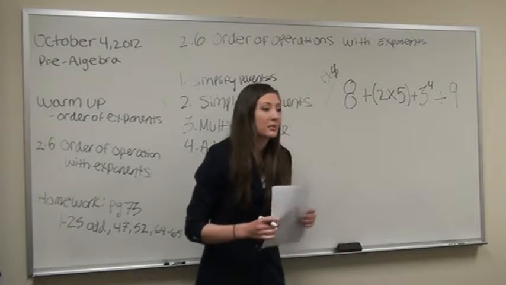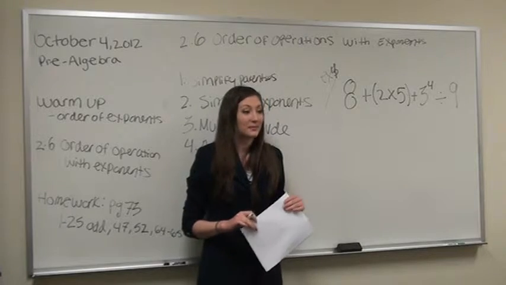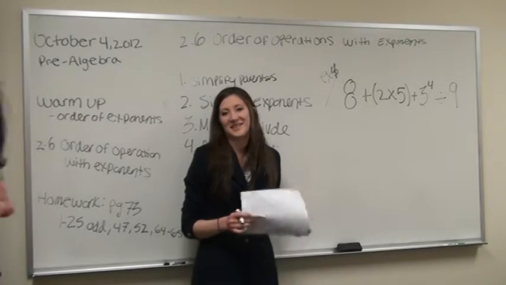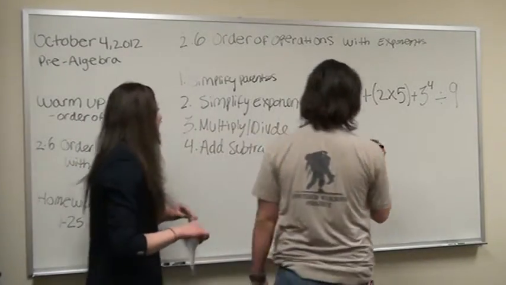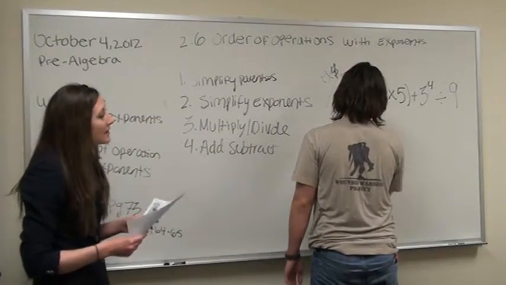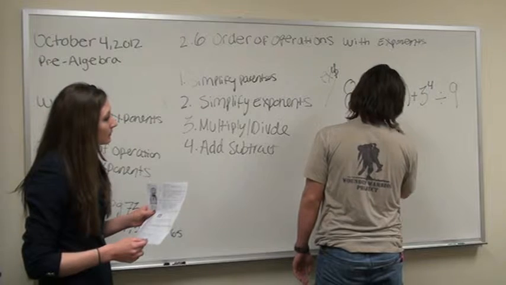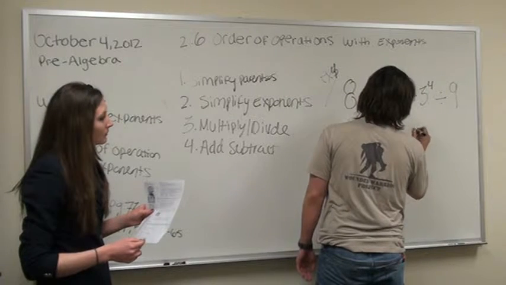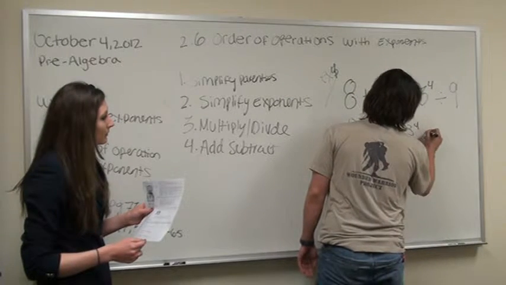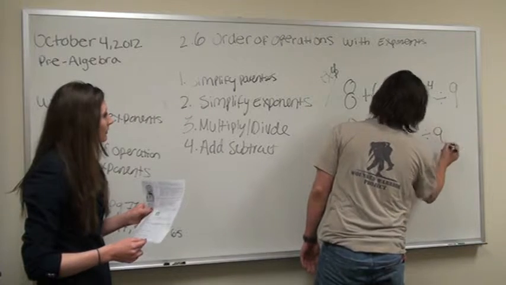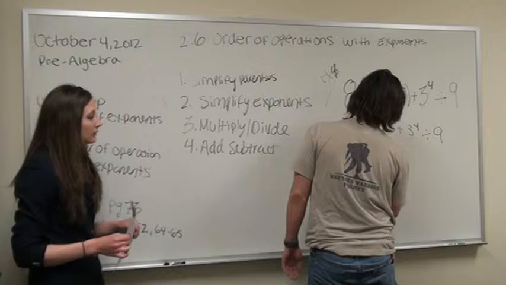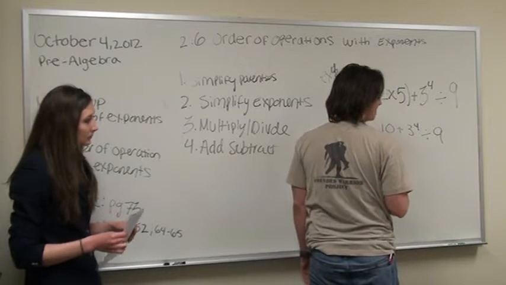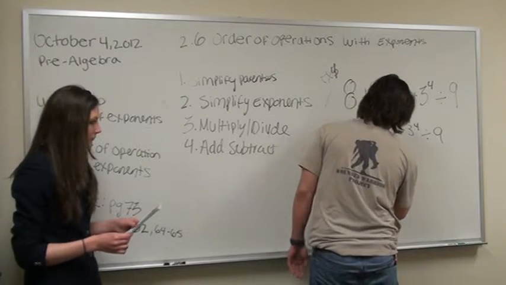Okay, who wants to come up to the board and work this out? Any volunteers? Yeah. Brian? Okay. Alright, so the first rule is simplifying the parentheses. Okay, now we want to simplify the exponents. 71.